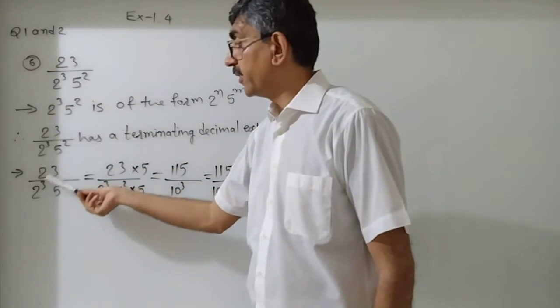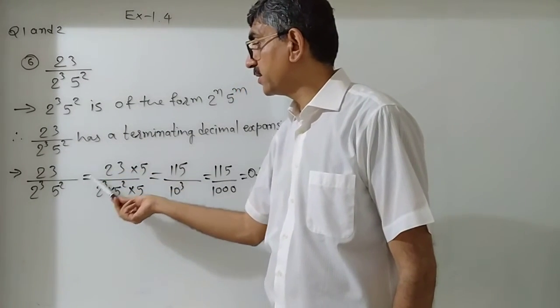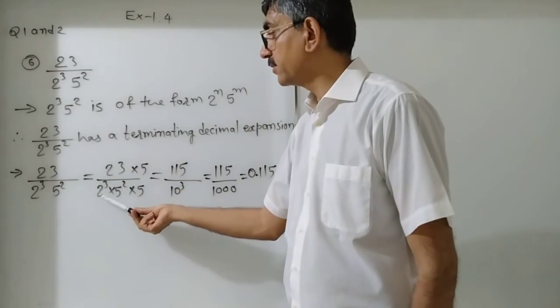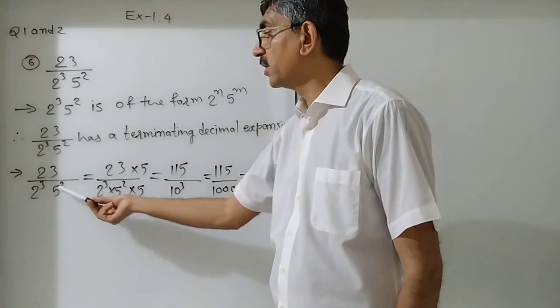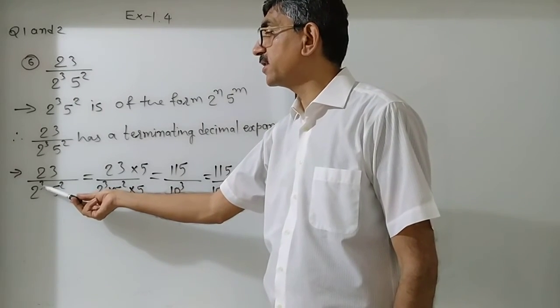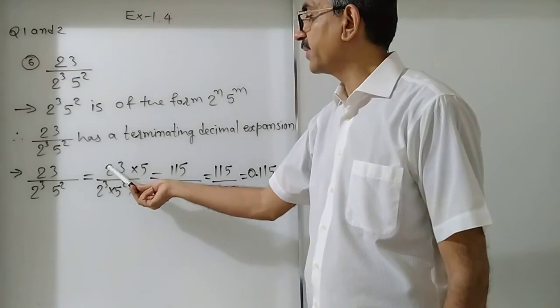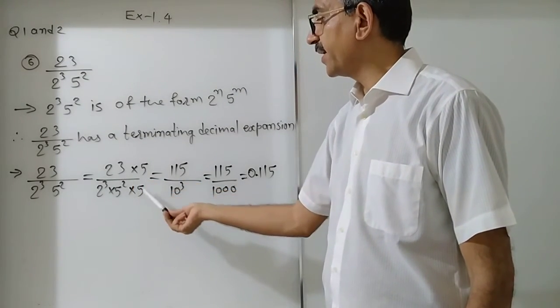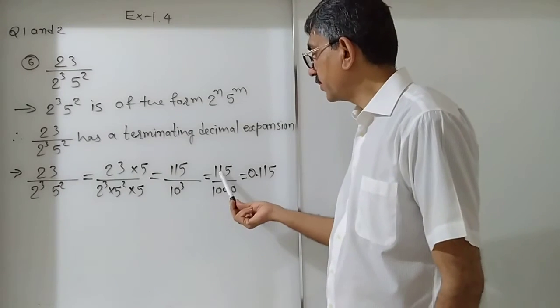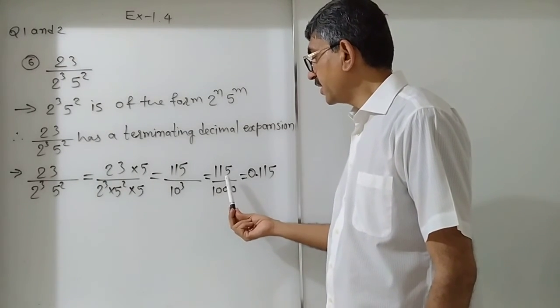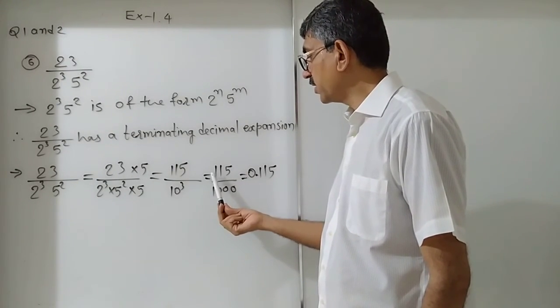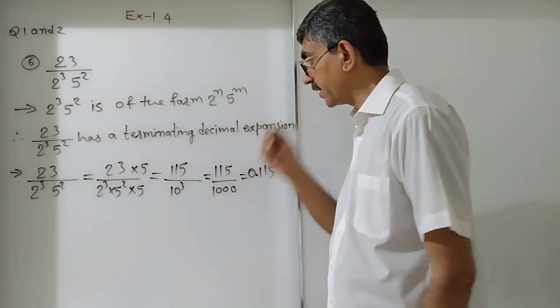Now 23 upon 2 cube 5 square is equal to 23 into 5 upon 2 cube 5 cube, because the maximum power is 3, so we multiply by 5. So 10 cube, 115 upon 1000. Decimal place after 3: 1, 2, 3. So 0.115. Okay.